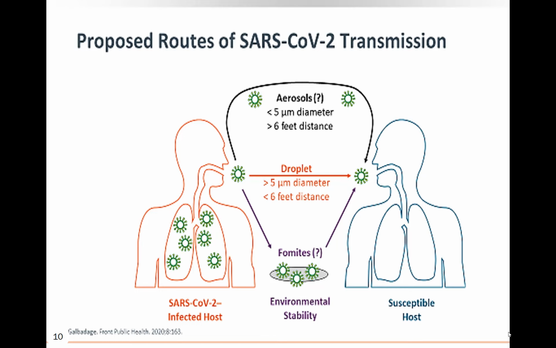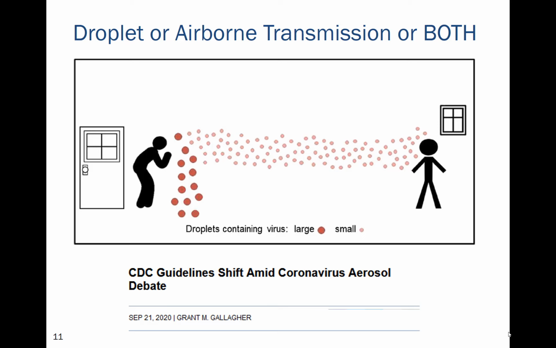As we'll see, fomites is probably an uncommon, if not very rare way of transmitting this disease. So as we said, droplets are large particles, travel about 6 feet. Airborne, these are smaller particles which travel further. It's likely that both mechanisms are responsible for transmission, but it appears droplet spread may be more important.